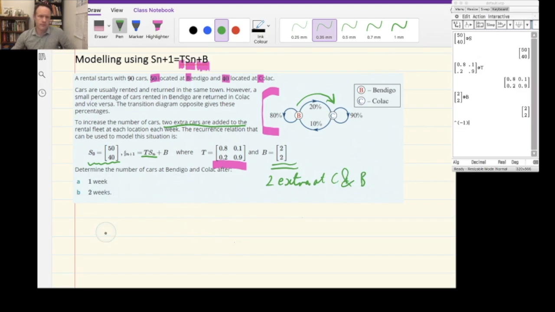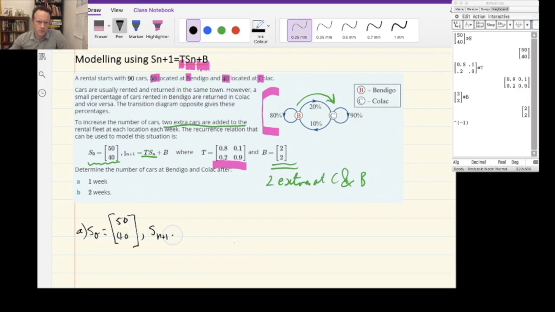Now calculate the number of cars at Bendigo and Colac after 1 week. That will give us something that looks exactly like this. S0 equals 50 on the top and 40 on the bottom, and Sn plus 1 equals our transition matrix, 0.8, 0.2, 0.1 and 0.9, multiplied by Sn.